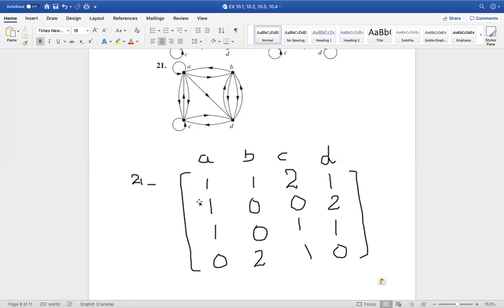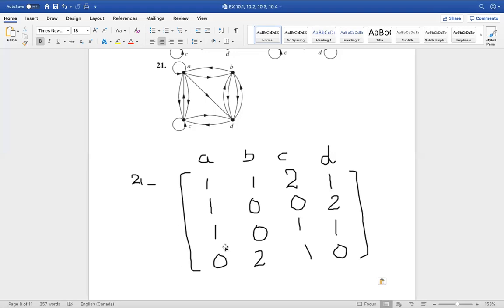For example, this row here, the last one, represents the vertex D. So it's like a 4x4 matrix. The first row is A, the second row is B, then C, and then D. Exactly, yeah. Okay, that makes more sense. And this is 10.2, right? This is 10.3. Oh, okay, my bad. Thank you.